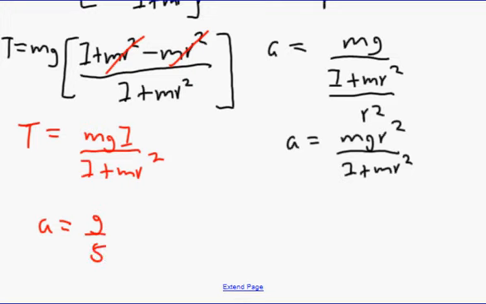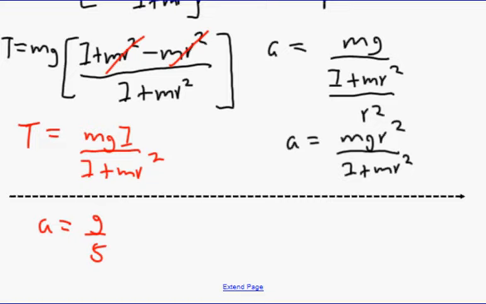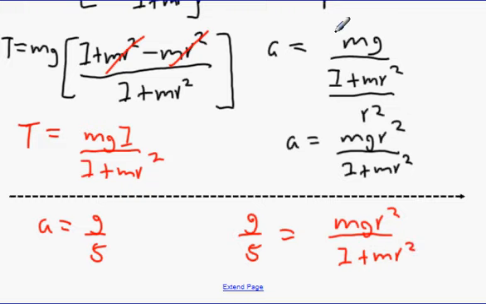Okay guys, what the next part tells me is that the acceleration is g over 5. This is part 2, and what it tells me from earlier is we already had an equation for that. We know that acceleration equals m g r squared all over I plus m r squared. So what we can find out first is that the g will cancel, and we need to think of what to isolate.